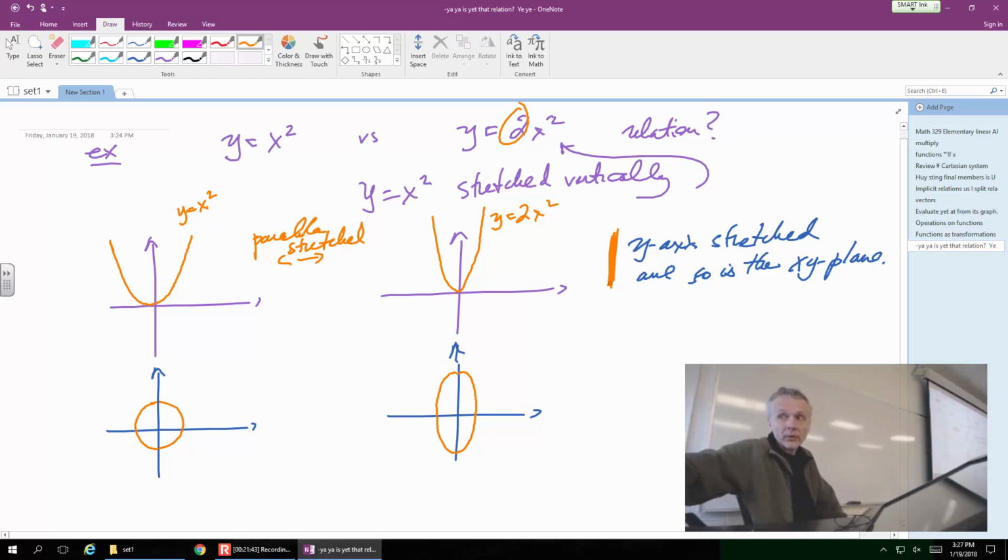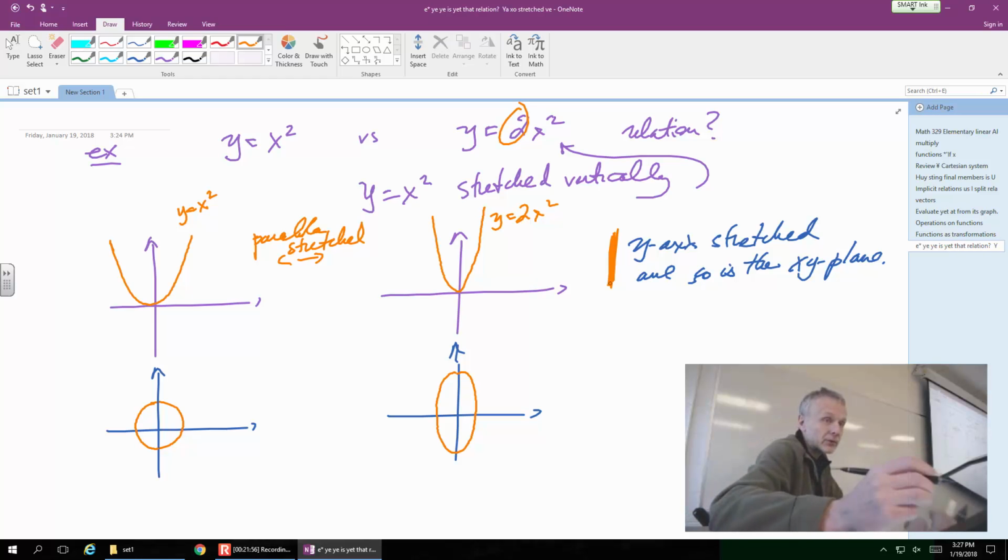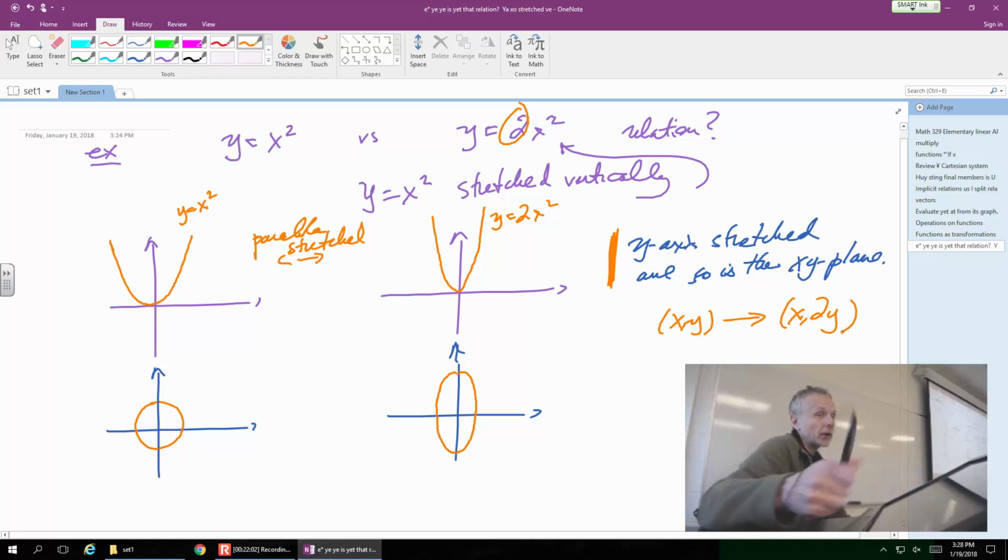So this one is maybe not very descriptive because it's a piece of paper. I cannot stretch a piece of paper. So think about a piece of rubber, a sheet of rubber. Okay. So what is happening? What is the stretching? I replace: xy becomes x2y. Okay. So a point that used to be xy moves to x2y.